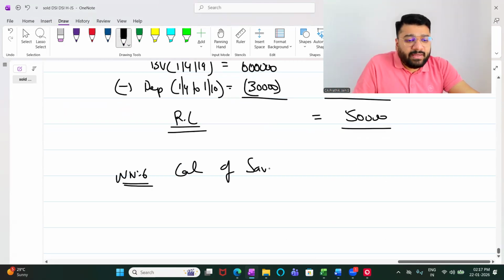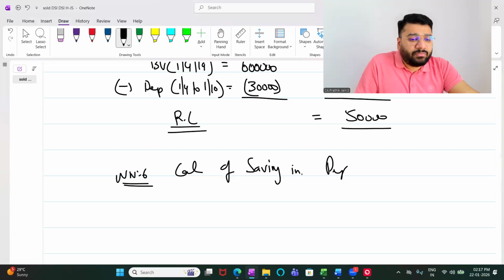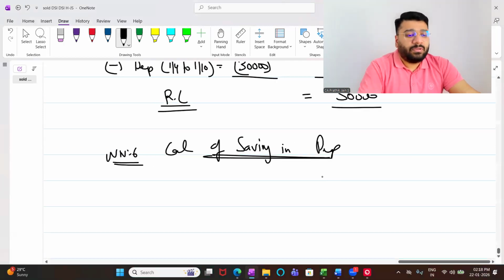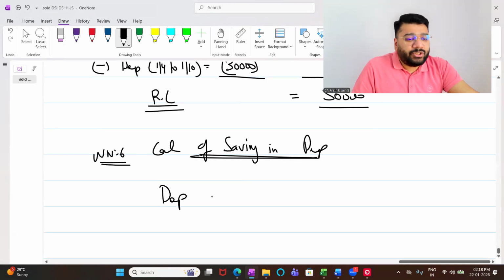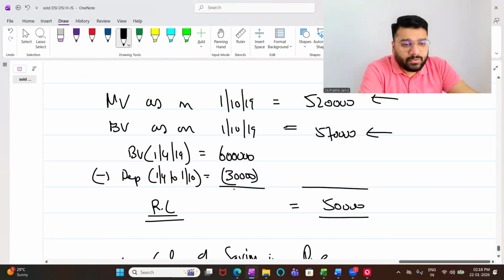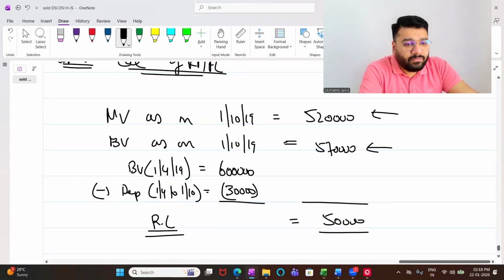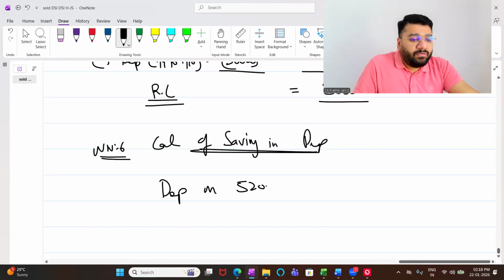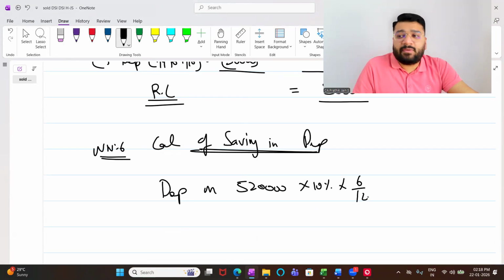Calculation of savings in depreciation. Depreciation on how much? 5,20,000 into 10% into remaining 6 by 12, that is from October to March.